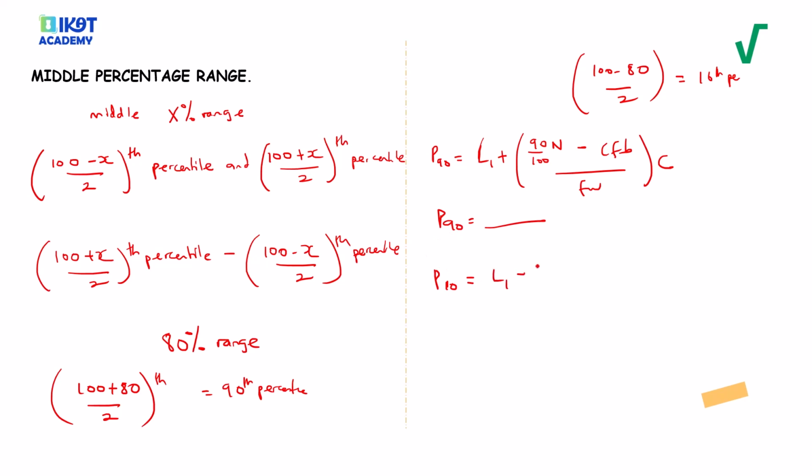It's L1 plus 10 out of 100 n minus the cumulative frequency before out of the frequency within times the class interval. So I'll get the 90th percentile and the 10th percentile. Now I just subtract the value of the 10th percentile from the value of the 90th percentile. That's the middle percentage range. So with that, I think we've covered most of the concepts for grouped data.